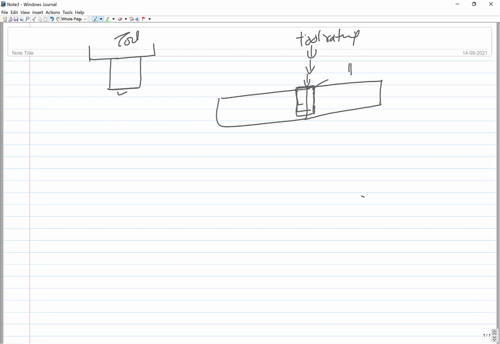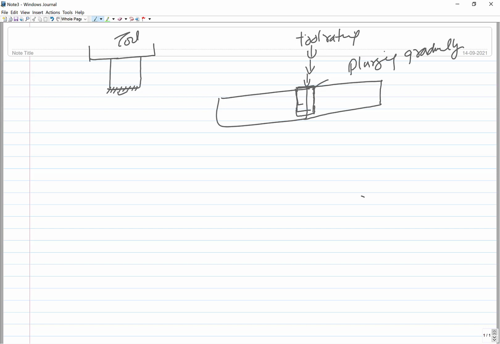So the plunging must be done very gradually, so that whatever heat is being generated by the bottom side of the pin will keep on softening the metal due to the frictional heat. And so the temperature of the base metal will gradually keep on increasing.